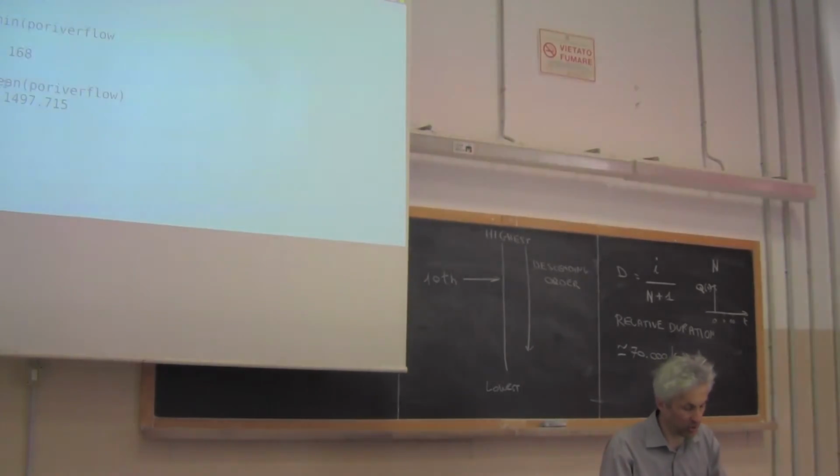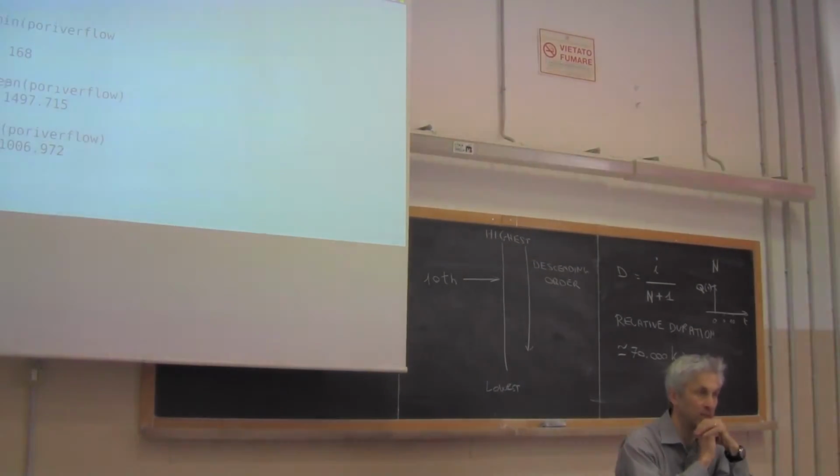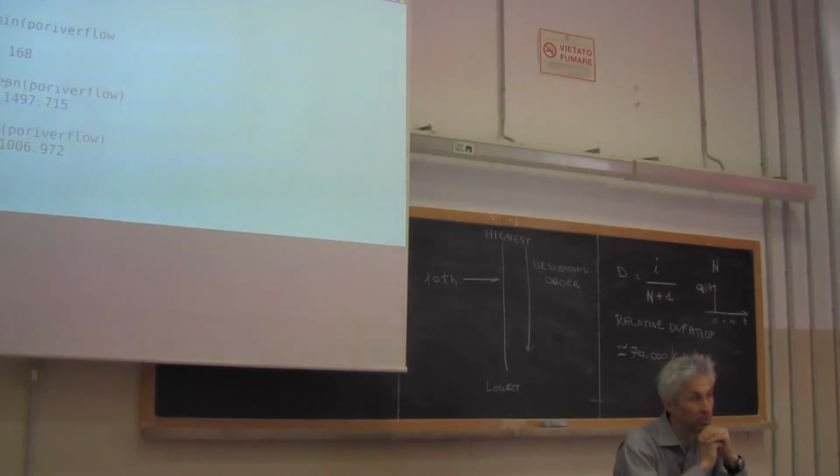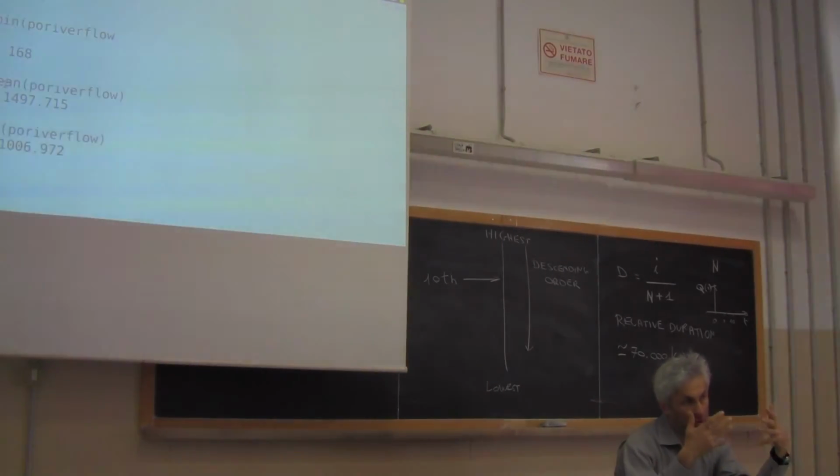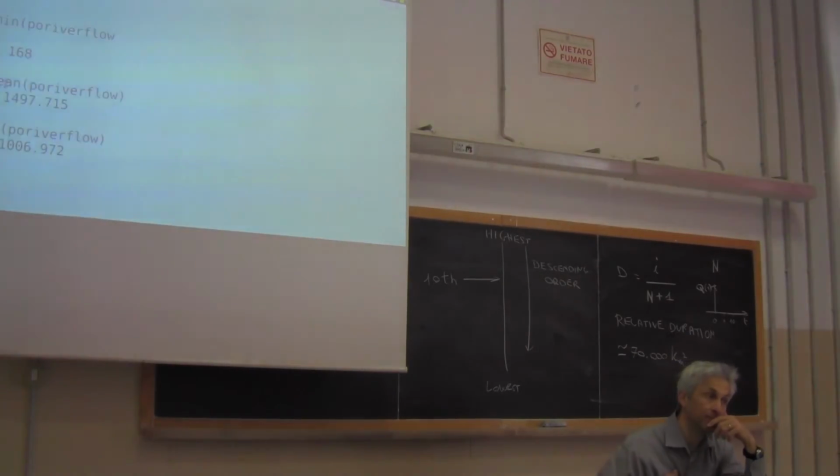Standard deviation in R is computed through the function sd. It's 1000 of standard deviation. It's a lot. When the variability, standard deviation, is the same order of magnitude of the average, it means that there is quite a substantial variability.